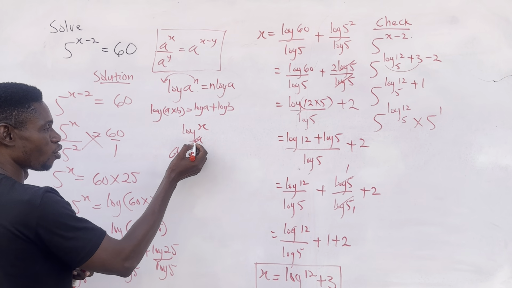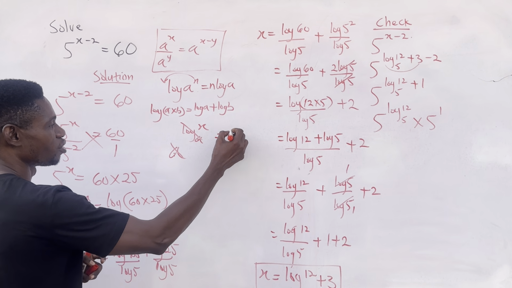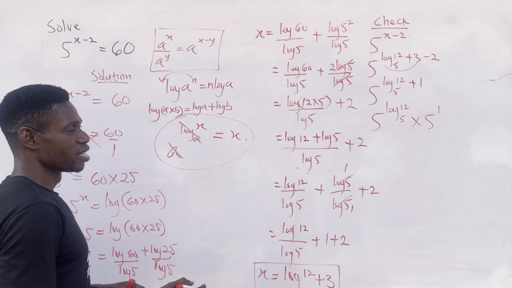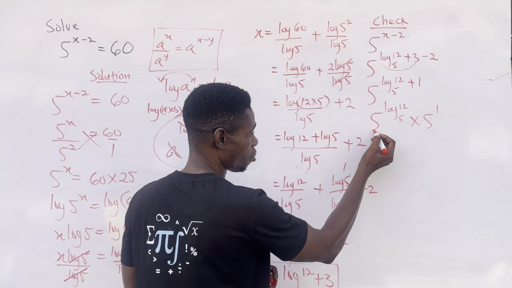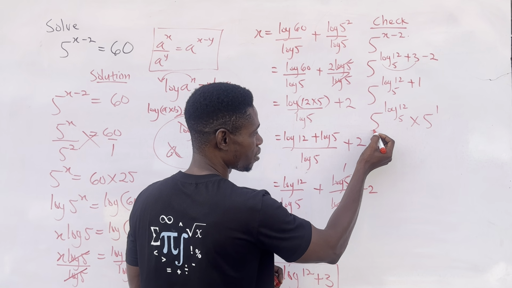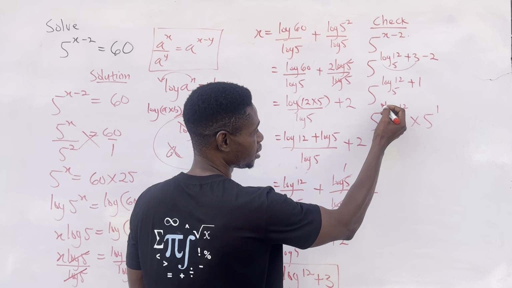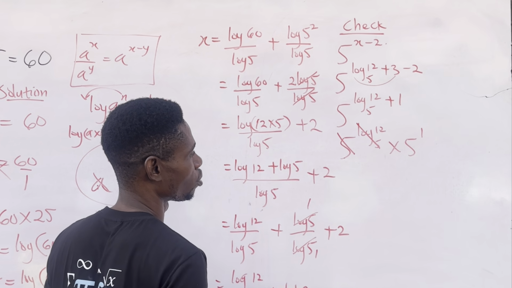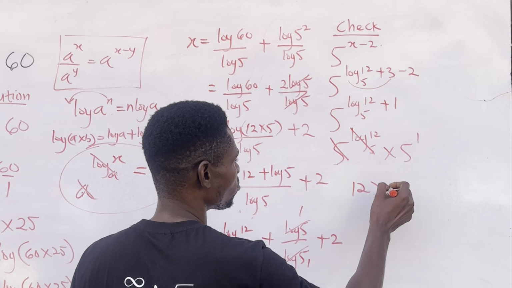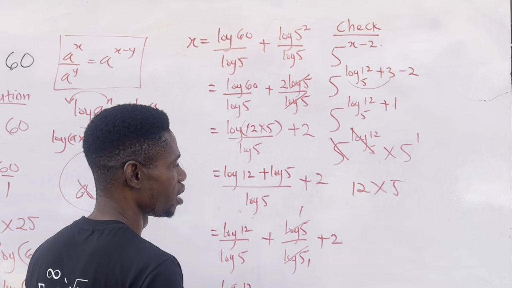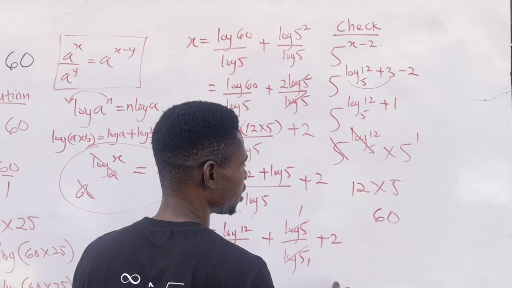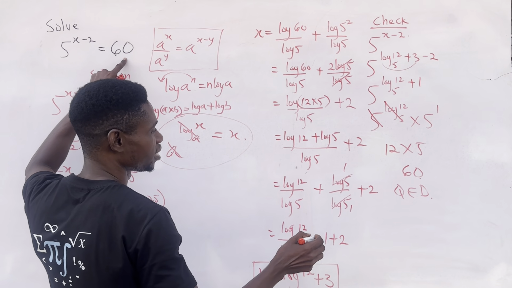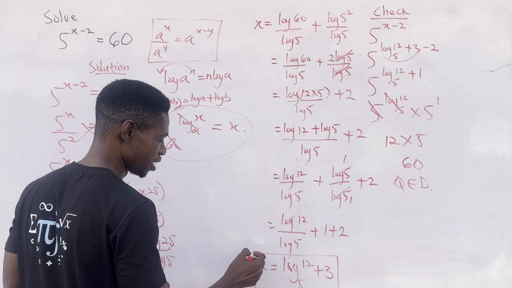So if the bases are equal, you can cancel out, and then your answer is x. So remember this law, and let's apply it here. Since our base is 5, and the logarithm as its exponent has a base of 5, that can cancel out to give us 12. So here we have 12 multiplied by 5 raised to power 1, which is 5, and 12 multiplied by 5 is 60. So 60, 60.